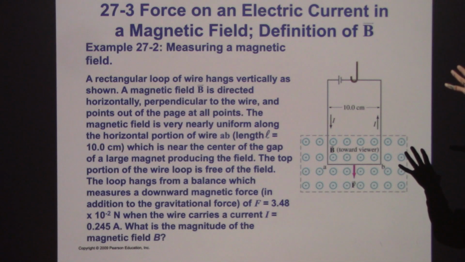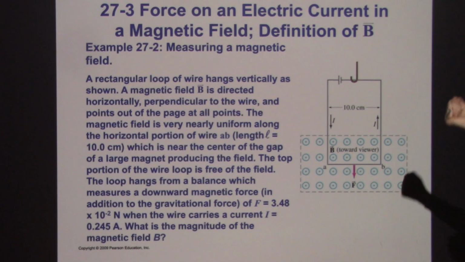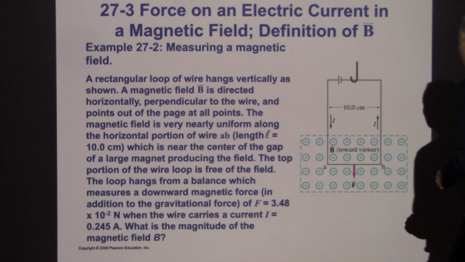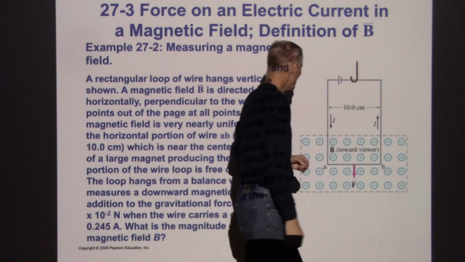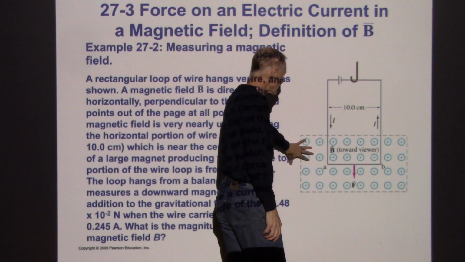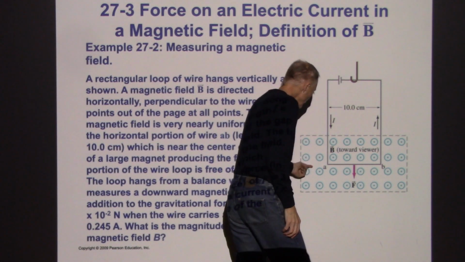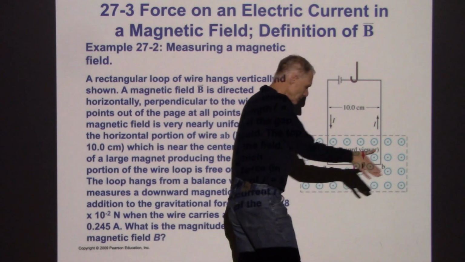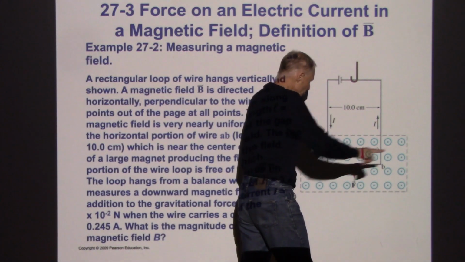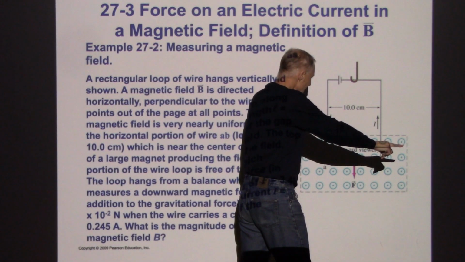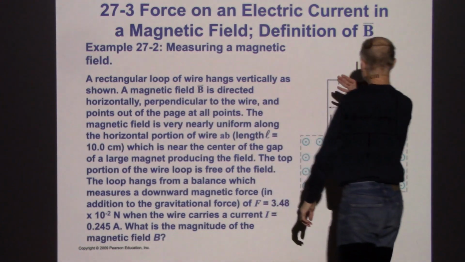So we set up everything, and we calibrate it, we zero everything out, and then we turn the magnetic field on. And let's take a look and see what direction the force is going to be in from the magnetic field. So right here, the current is going to the right. That would give me a current in that direction, and a magnetic field, let's see.